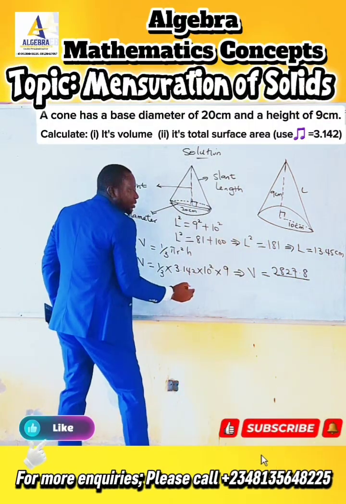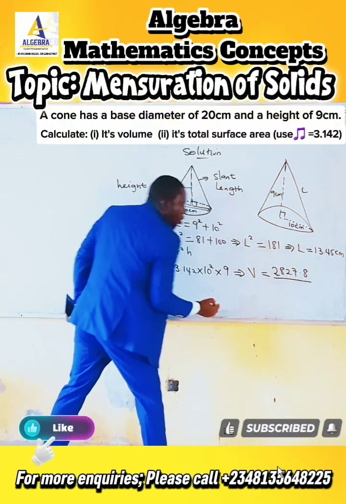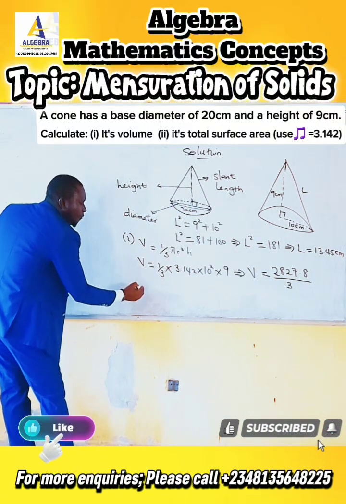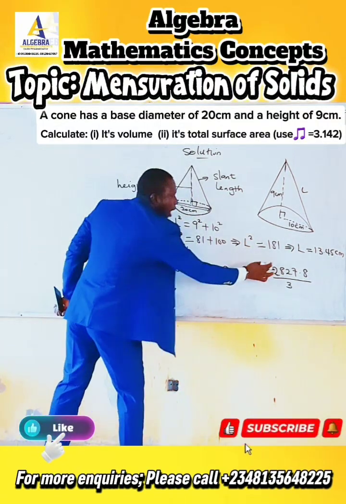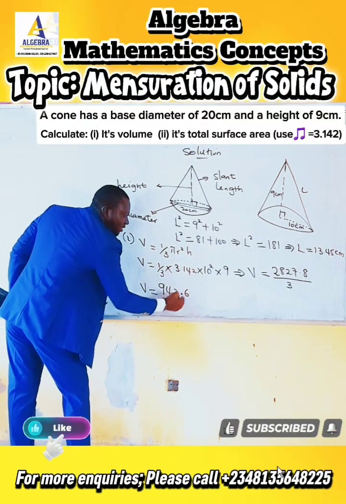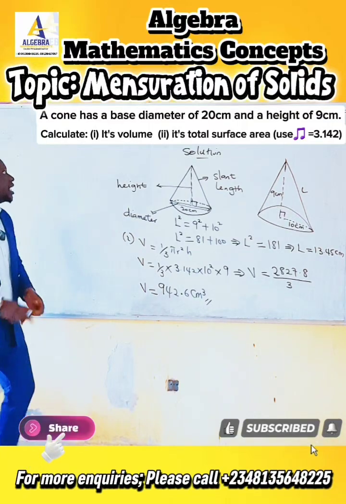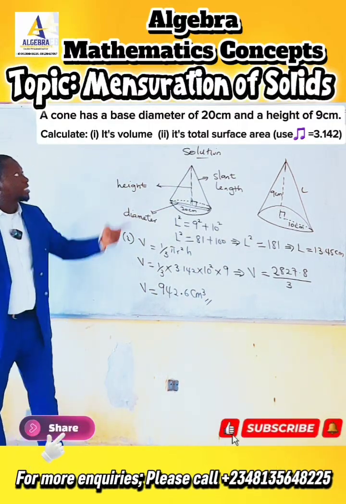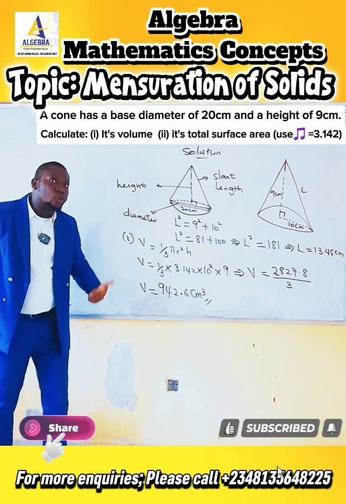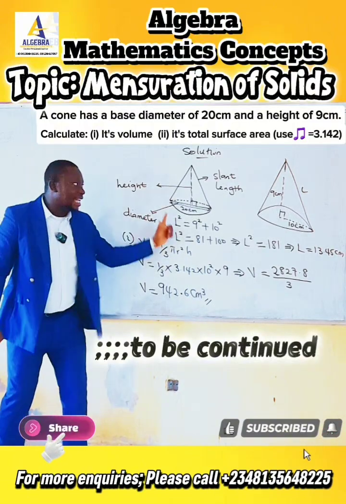Then divide by the denominator, which is 3. I will have volume equals 942.6 centimeter cube. That's my answer. The first question is to calculate the volume. The volume is 942.6 centimeter cube. That's Roman figure 1.